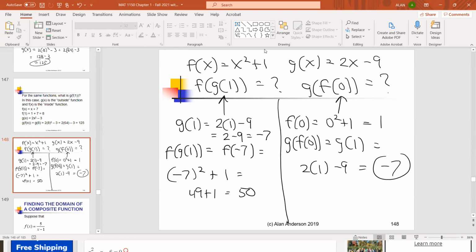So if you did not get this right, why don't you take a look and let's see what happened. What we want to do is figure out what exactly went wrong. First things first, did we do g of 1 correctly?